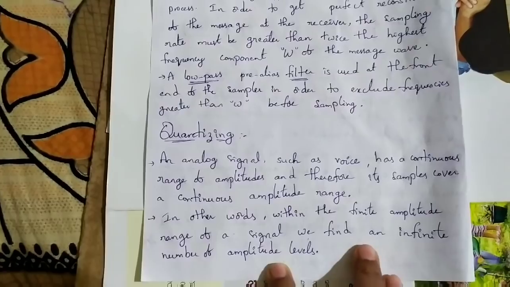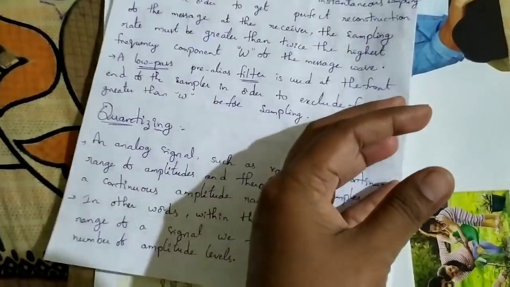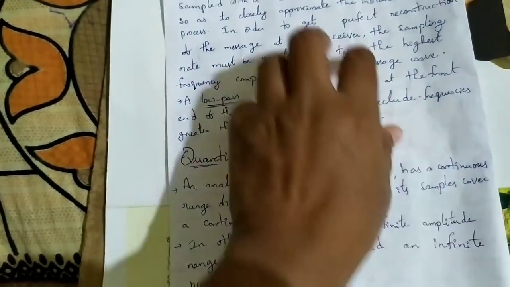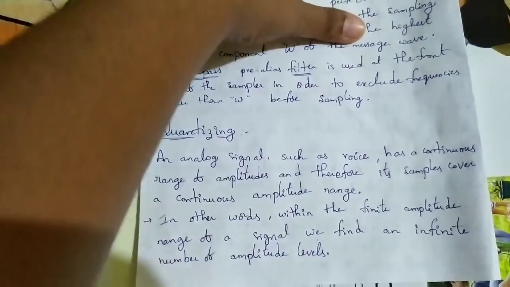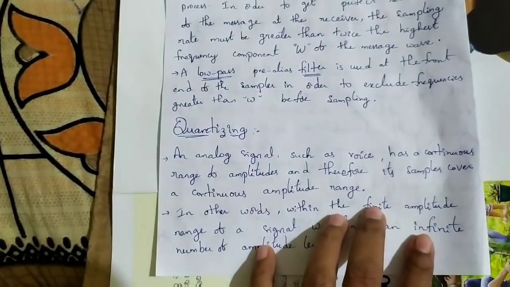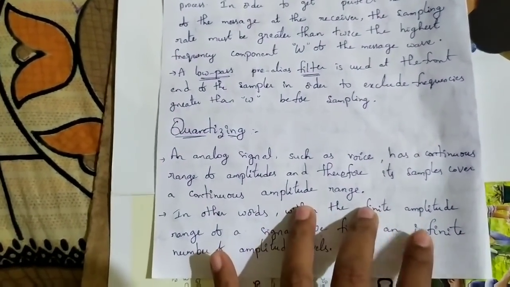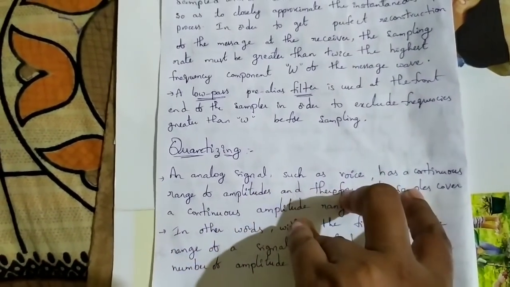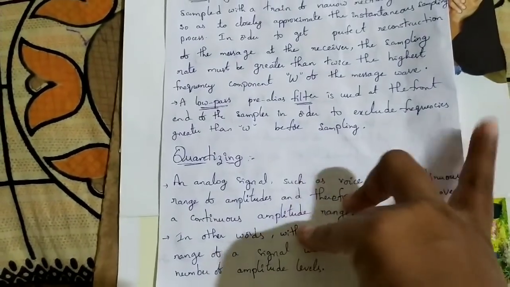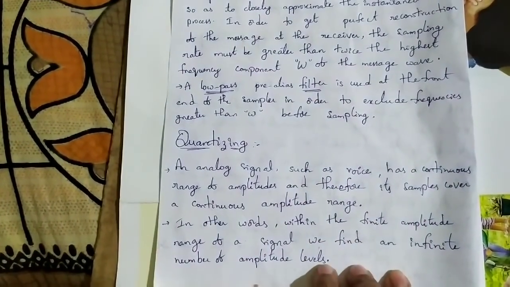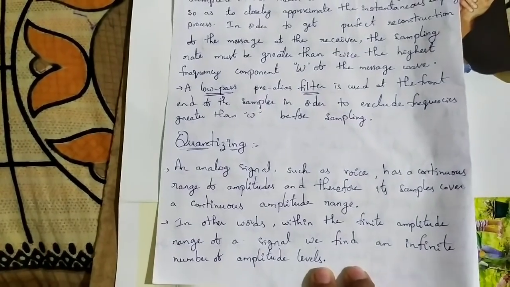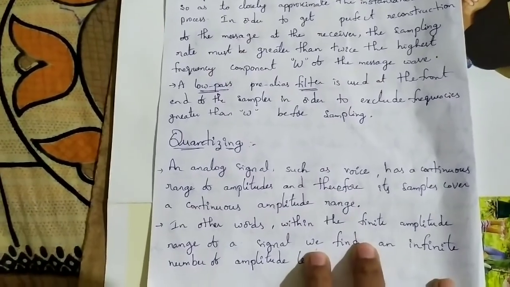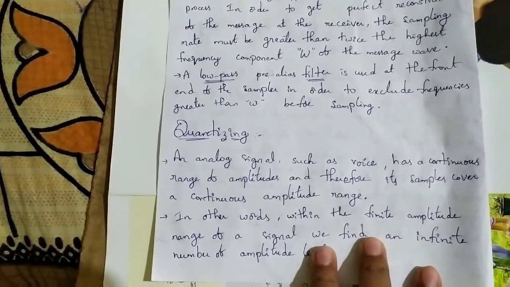The amplitude of each sample is rounded to a nearby value of the amplitude level. Suppose we get 0.5, we round that value to 0. 0.6 is rounded to 1. 1.8 is rounded to 2. Like that we will do quantizing. Assigning the amplitude levels for the samples is called quantizing. That is in the simple way.